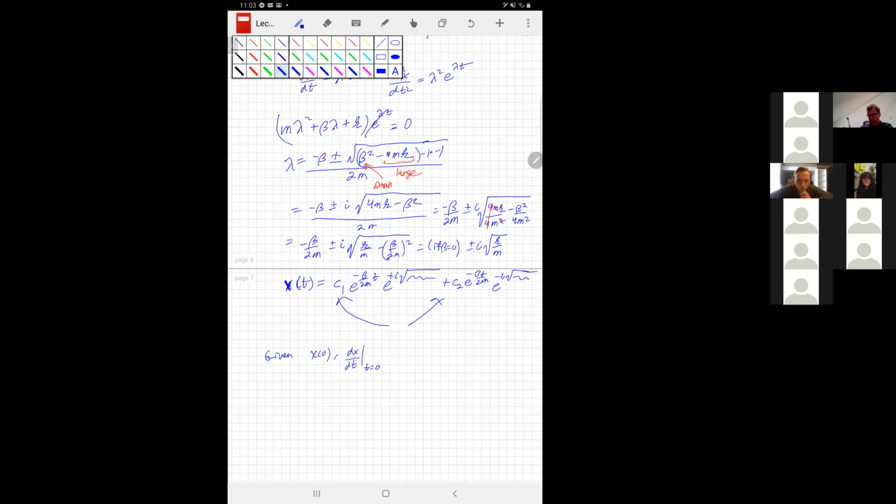The value of x at t equals 0 will depend on C1 and C2. And the derivative at t equals 0 will depend on C1 and C2 and maybe some other messy things. And then we would use that to figure out what C1 and C2 must be equal to. Any questions?